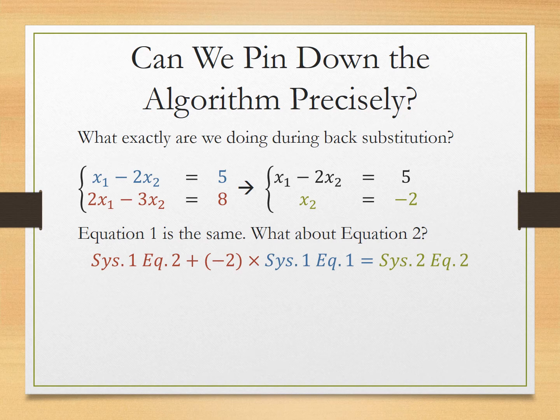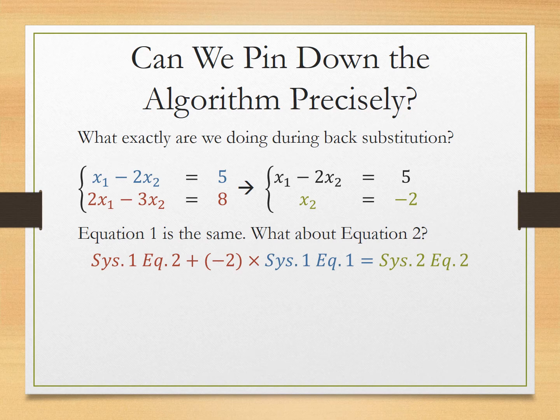Negative 3x2 minus negative 2 times negative 2x2, that's plus 4x2, so you end up with just x2. And finally, you have 8 plus negative 2 times 5, so that's minus 10.